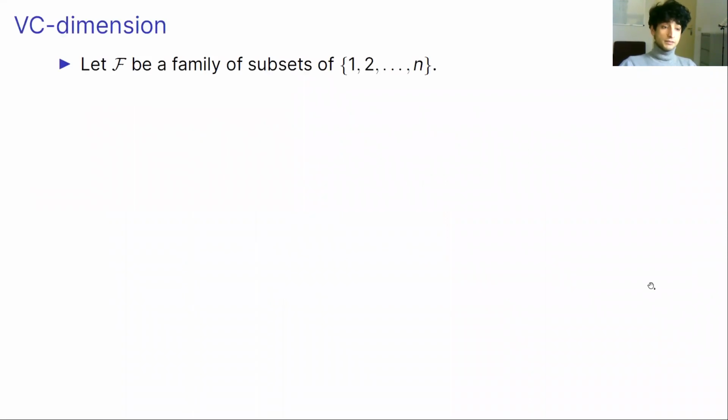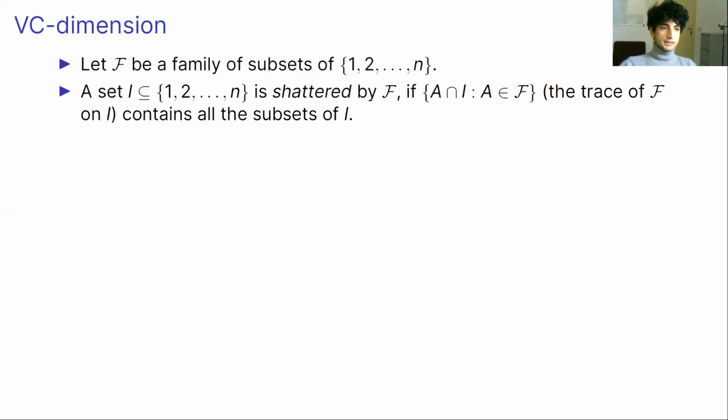Let's recall VC dimension, which is a fundamental concept from learning theory originally, but also in combinatorics. Given a family of subsets of an n-element universe, we say that a subset is shattered by this family if the intersection of this set with the family produces all possible subsets.